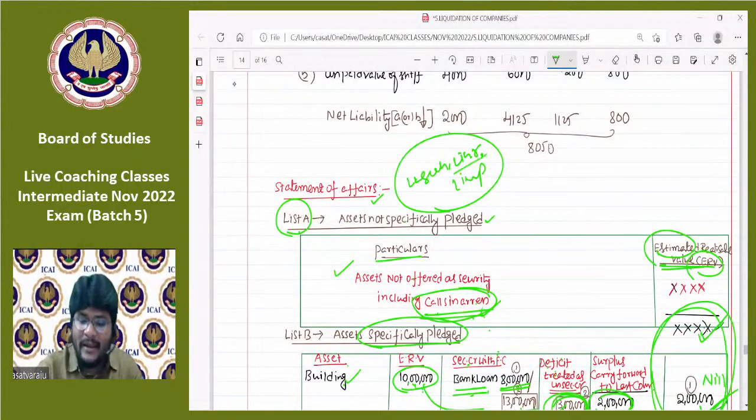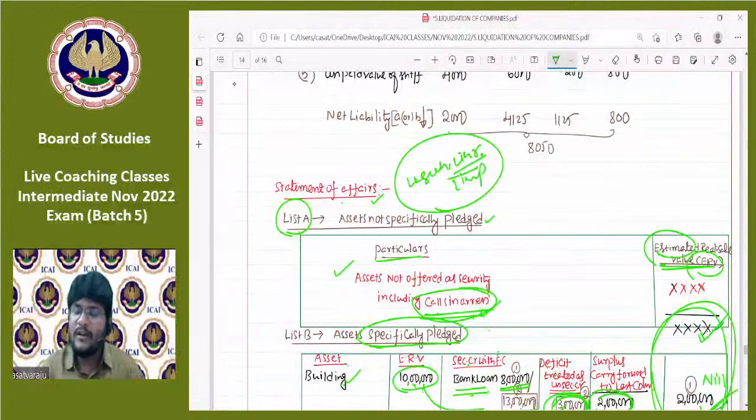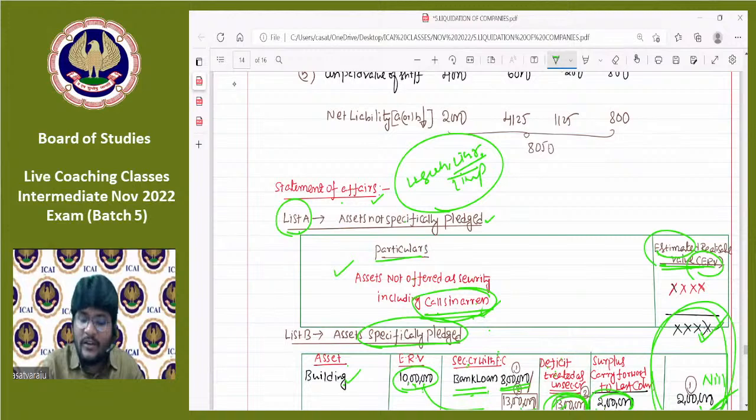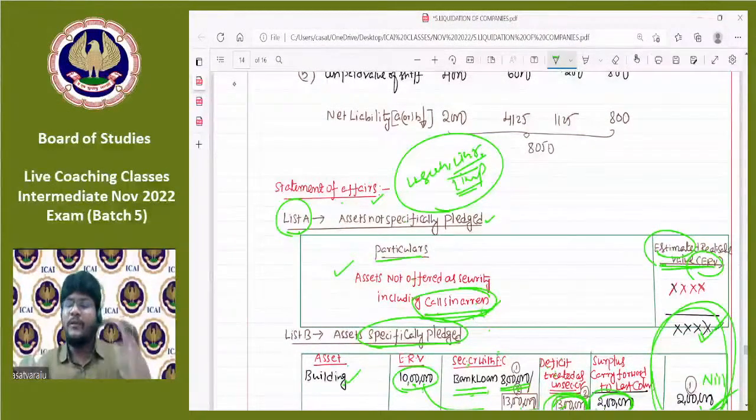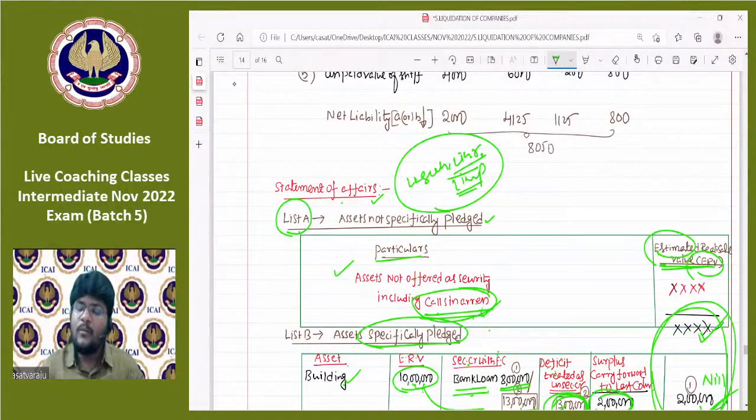Before appointing the liquidator, they are preparing the statement of affairs. How will they know how much liquidator remuneration is really payable, or how much liquidation expenses may be incurred by the liquidator? These are all estimates. That's why legal charges, liquidator remuneration and liquidation expenses are ignored while preparing the statement of affairs.